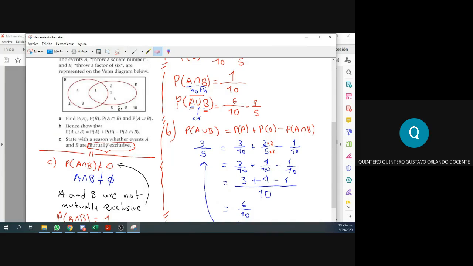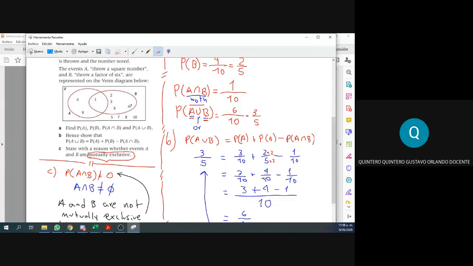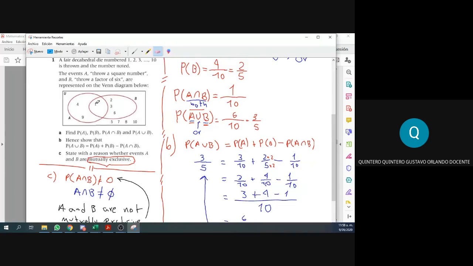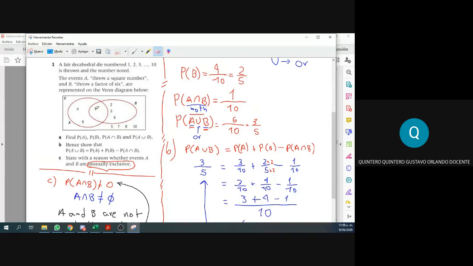Two events are mutually exclusive if they both cannot happen at the same time. In this case, both events can happen at the same time because we have a 1. If we draw 1, then we got event A and also event B at the same time.